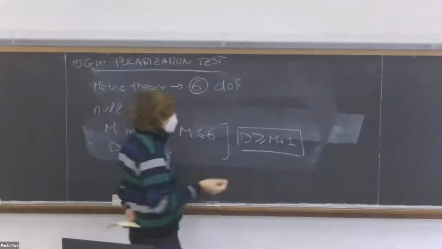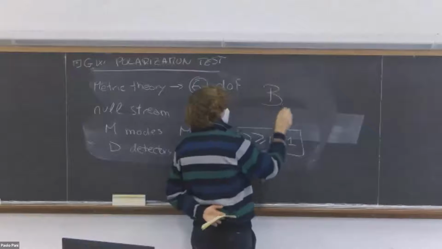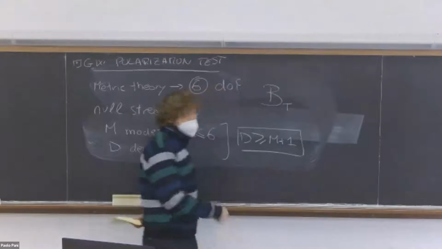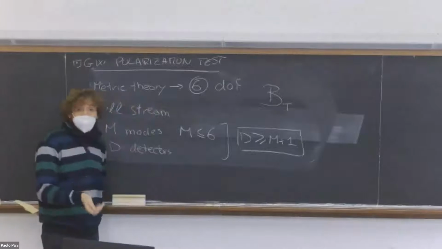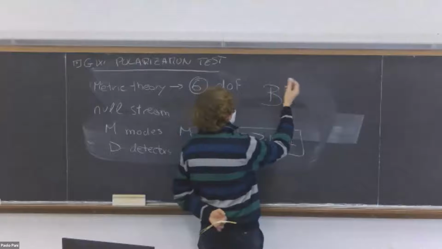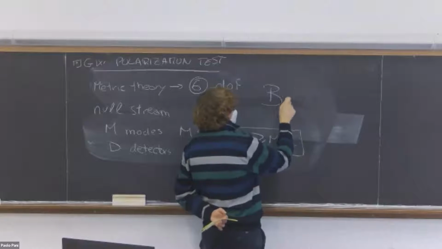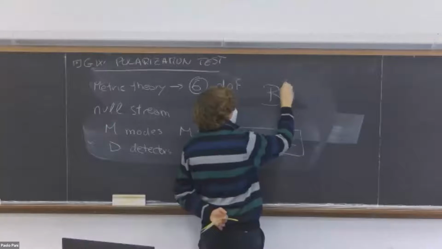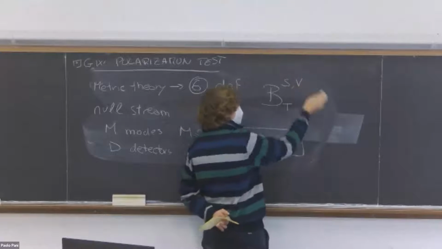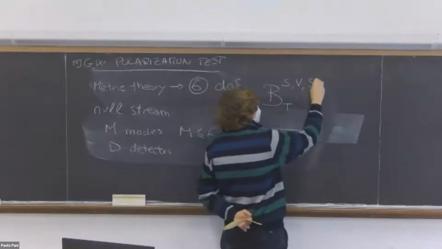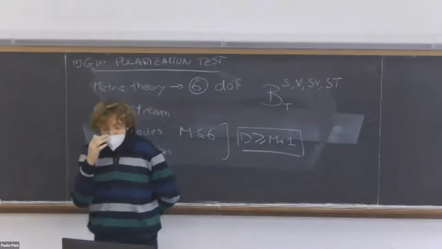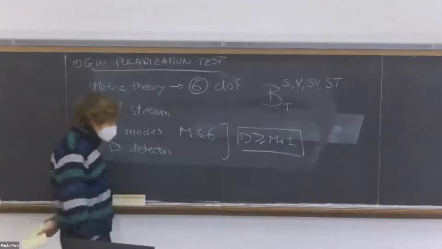What we want to do is compute the Bayes factor between the possibility that gravitational waves are purely tensorial with 2 polarizations, where T stands for tensorial, and then one can compute the Bayes factor, for example, confronting this hypothesis with the one that gravitational waves are purely scalar, or that they are purely vector, or maybe they are scalar vector, maybe they are scalar tensor, and so on and so forth. And there is a very detailed analysis there.